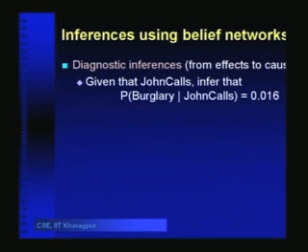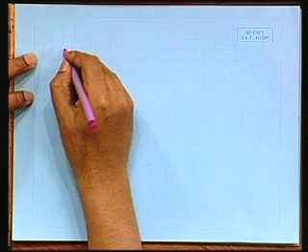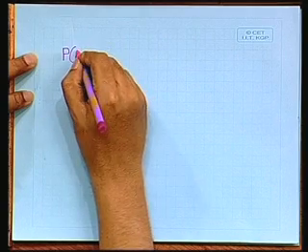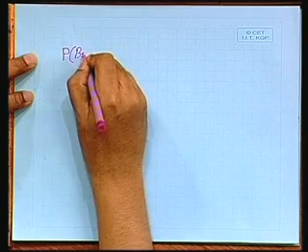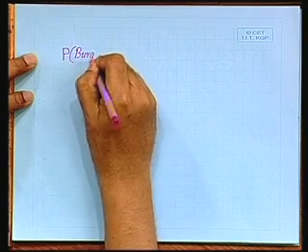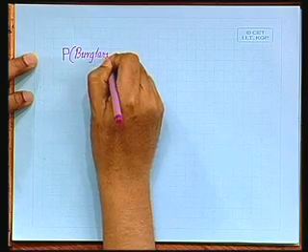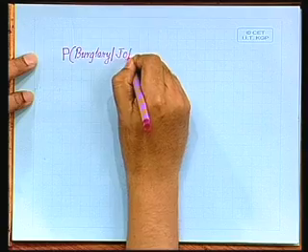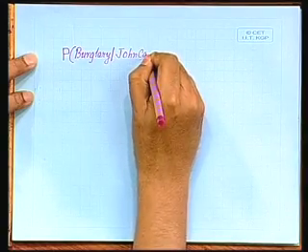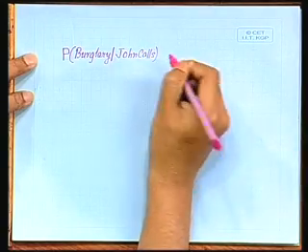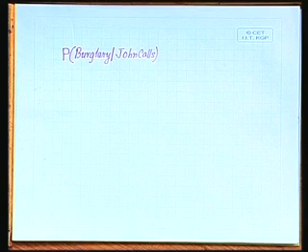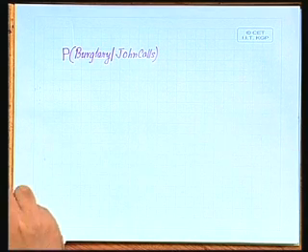So, what we are interested in finding out is the probability of burglary given John calls. I will use short forms. So, for burglary I will use B and for John calls I will use J and so on.